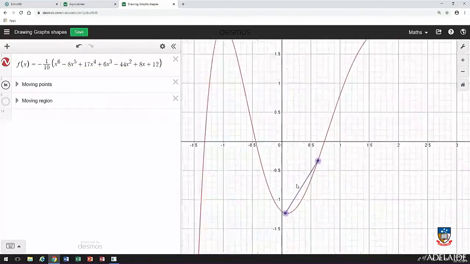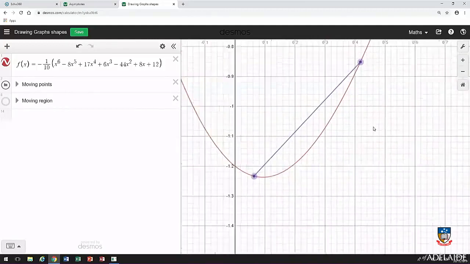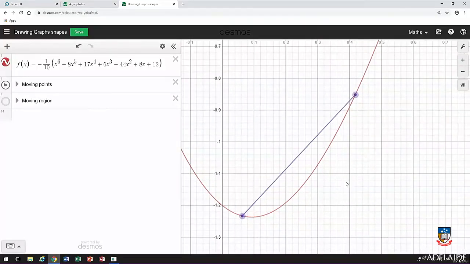Okay, so if it's concave up, I know that no matter which line segment I draw, it's always going to be above the graph, and I need to somehow figure out how that's related to derivatives. Well, derivatives are the slope of the curve. So the slope of the curve is going to be about like this.